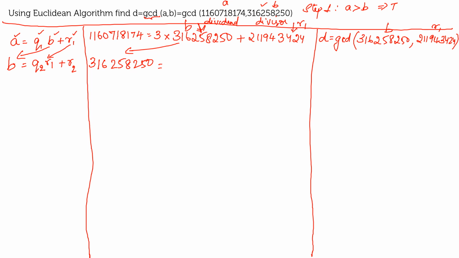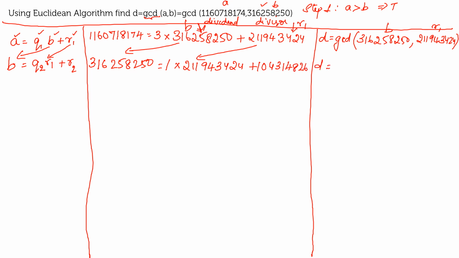So when you divide 316258250 by 211943424, you will get the quotient as 1 into, what is your remainder? R1, same value, 211943424, and you will get a remainder of 104314826.